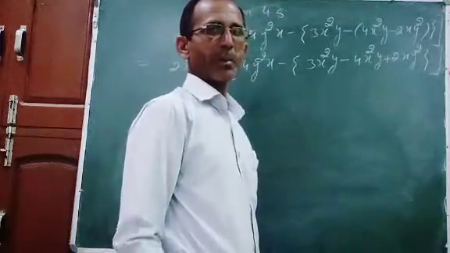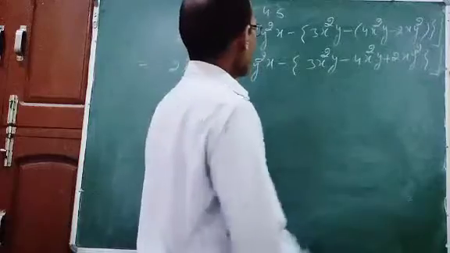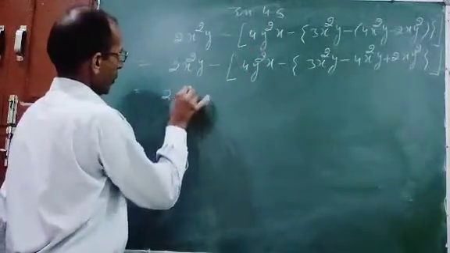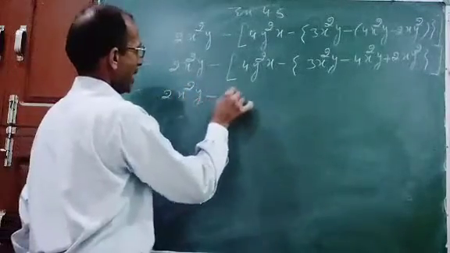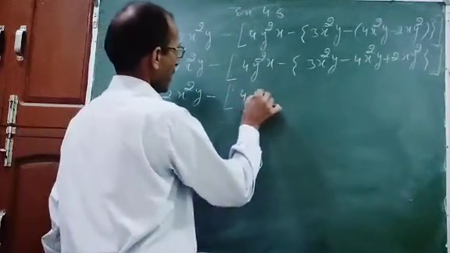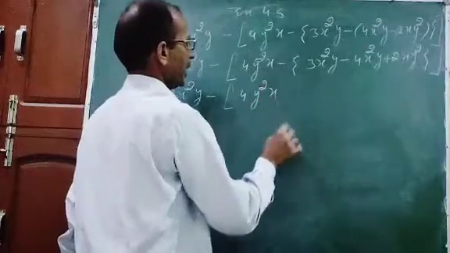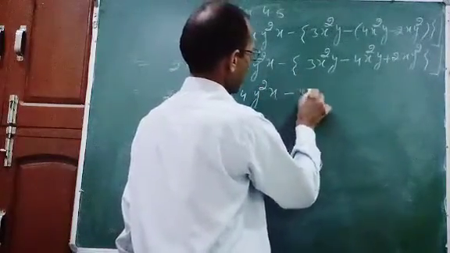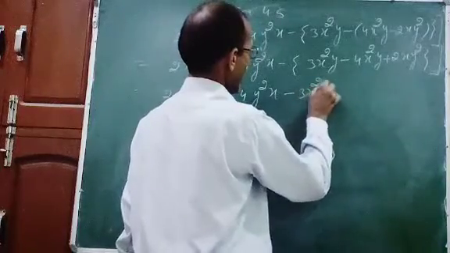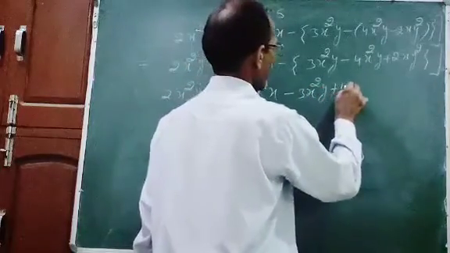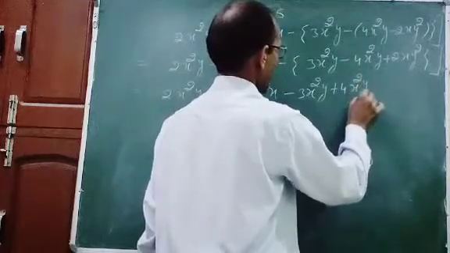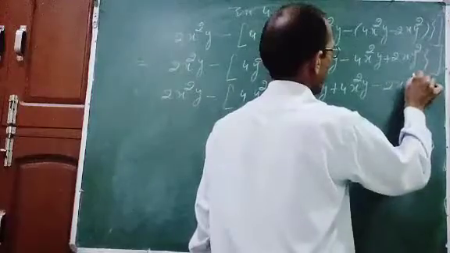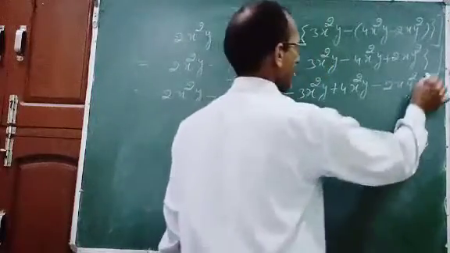Understood? So the small bracket is solved. After small, the curly bracket: 3x square y, outside of this bracket there is minus, so the sign will be changed, plus 4x square y minus 2xy square. Now the curly bracket is also solved.